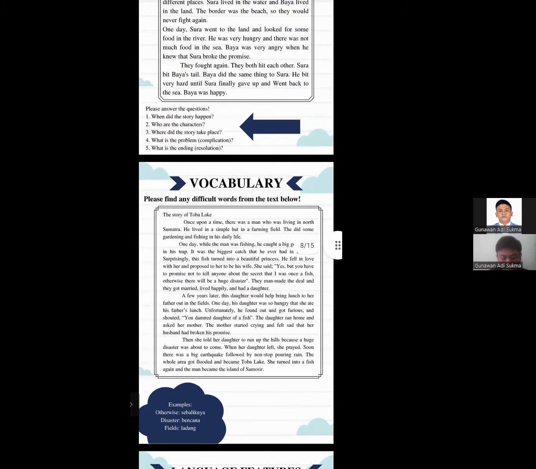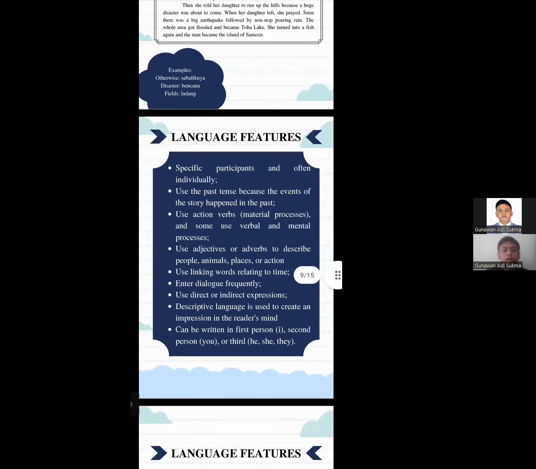Next is language feature. We have language features in this narrative text. Specific participants, and often individualized. Use the past tense because the events of the story happened in the past. Use action verbs and some verbal and mental processes. Use adjectives or adverbs to describe people, animals, places, and actions.